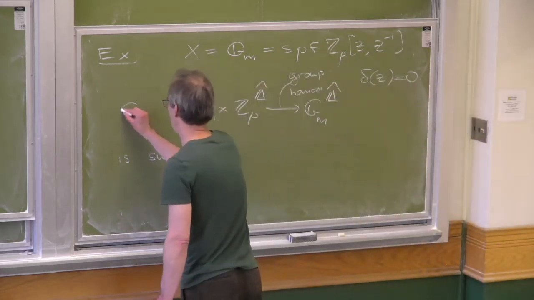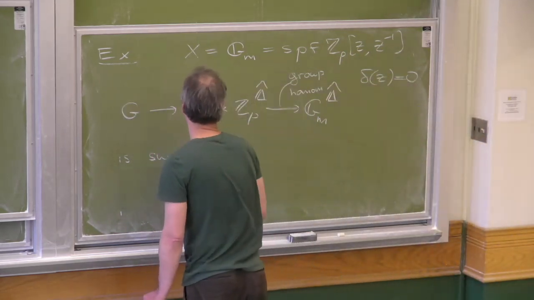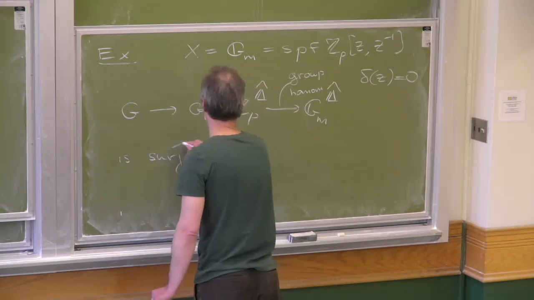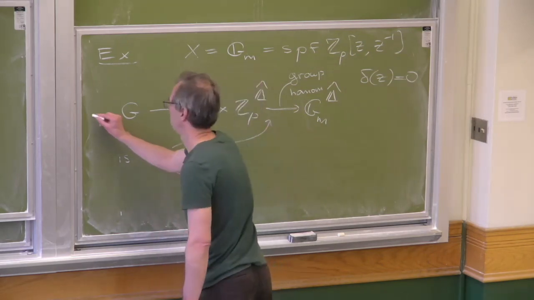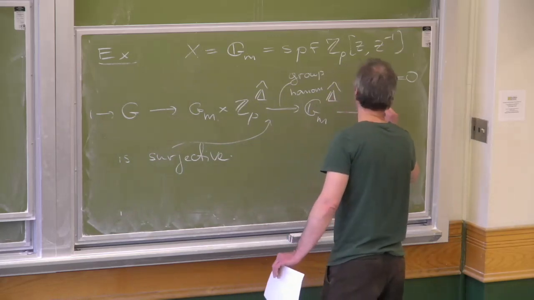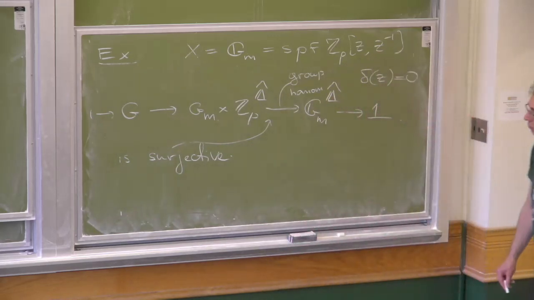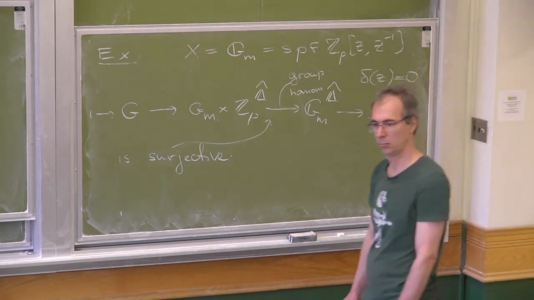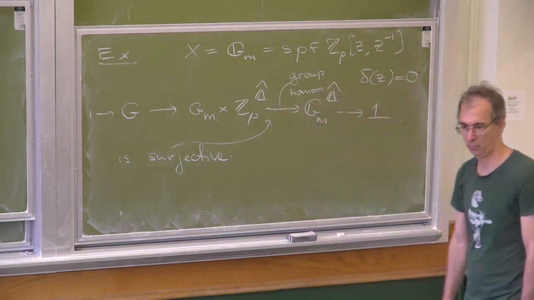So let G be its kernel. Because it's surjective, it represents the G_m sheared prismatization. It's a quotient of G_m over CP.